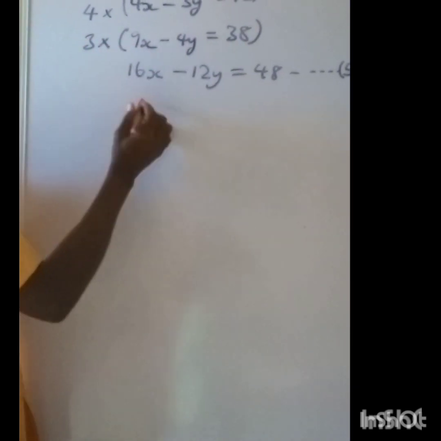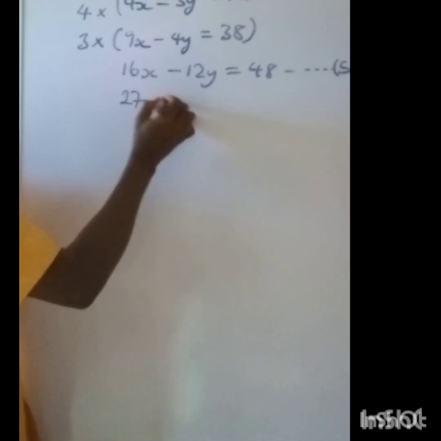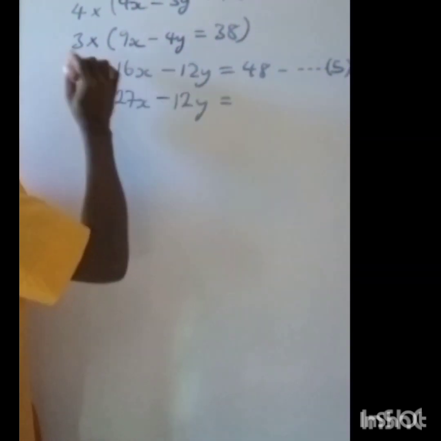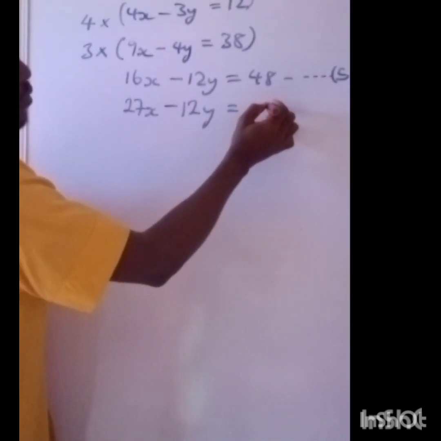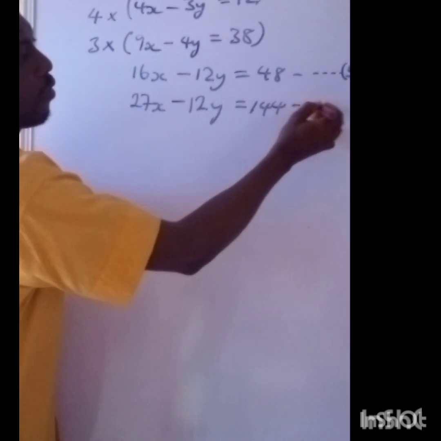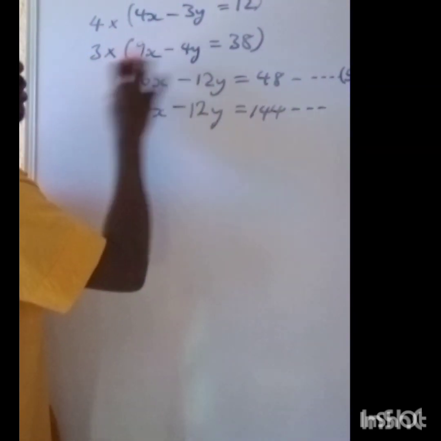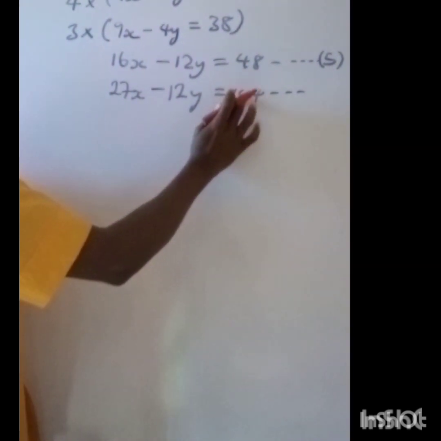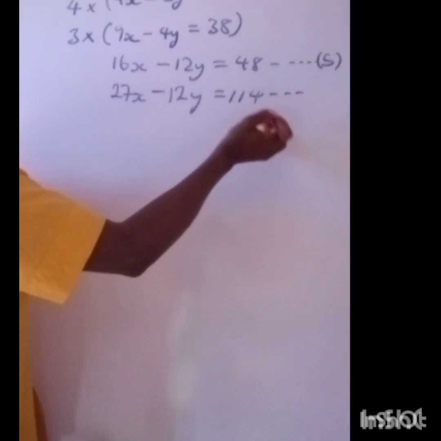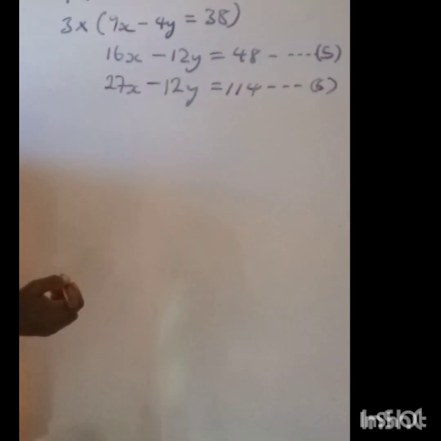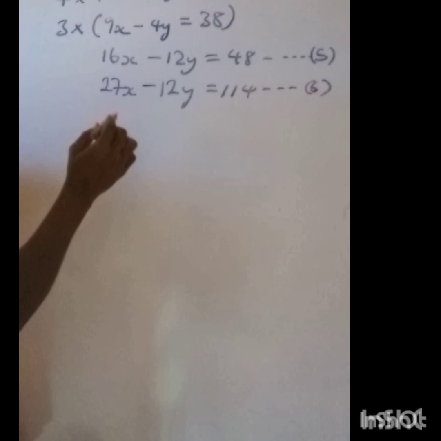And 3 times 9 gives us 27x, minus 3 times 4 gives 12y, and 3 times 38 gives us 114. And this becomes equation 6.